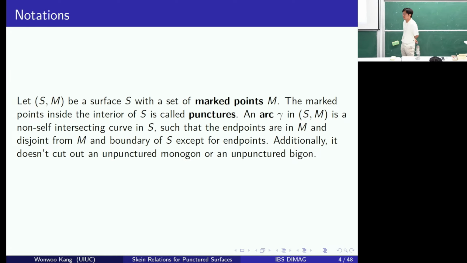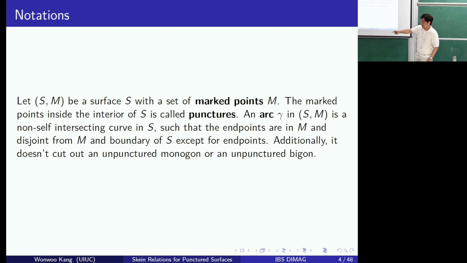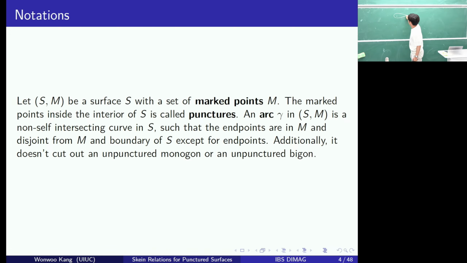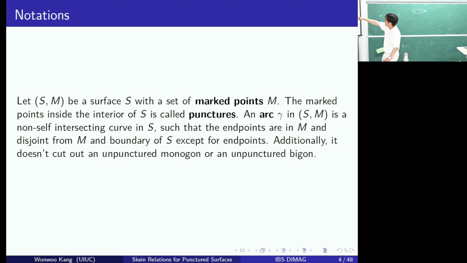So in a sense, you don't want an arc going through only 2 punctures? Are you talking about this one? This is an arc because it's not cutting out an unpunctured monogon.